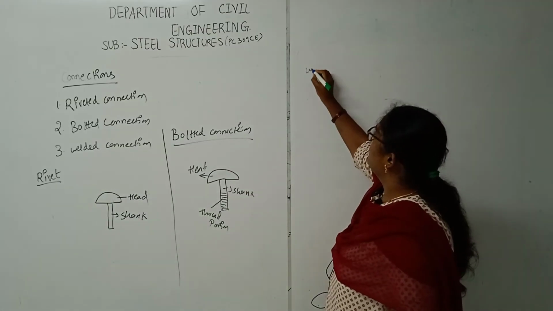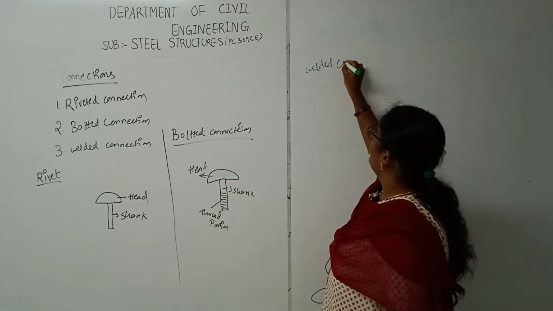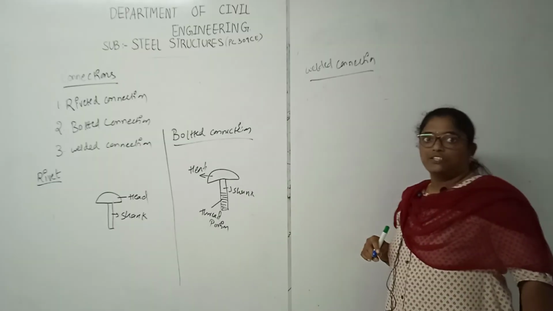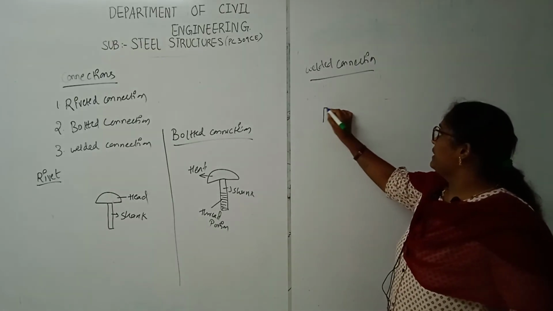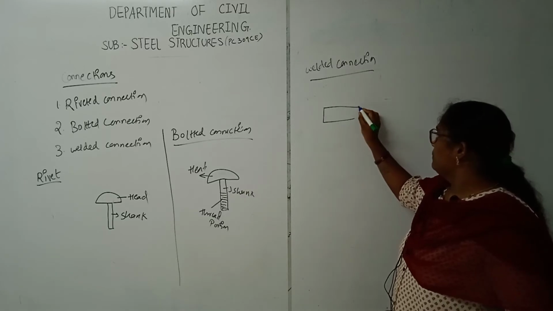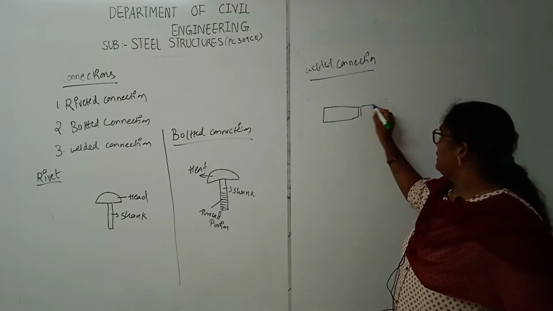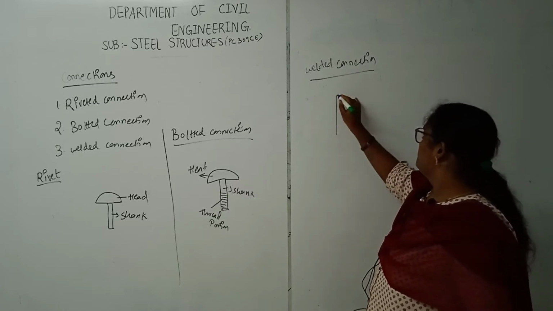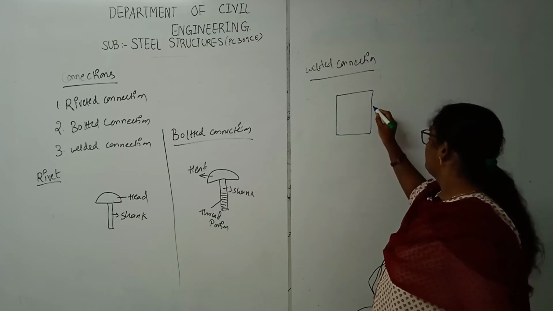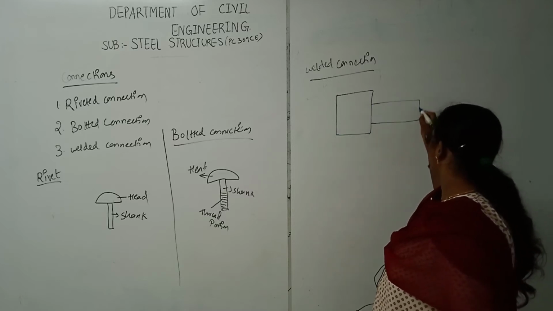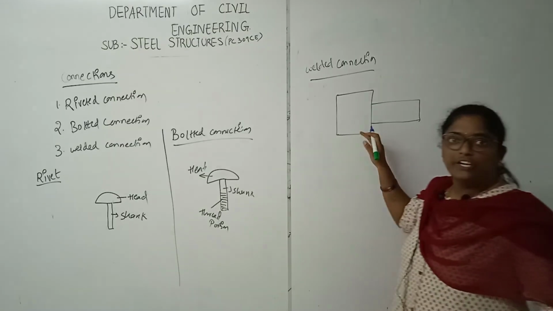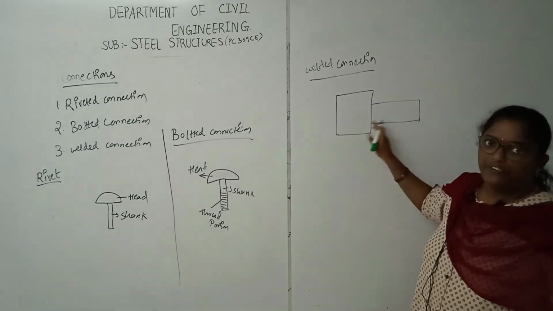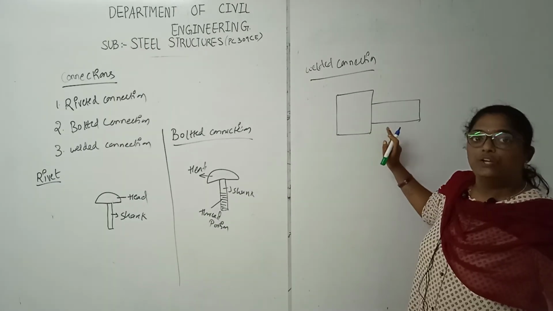And next one is the welded connection. In the welded connection, for example, here one plate is there, and here one more plate is there. Both will be joined with each other using welding.